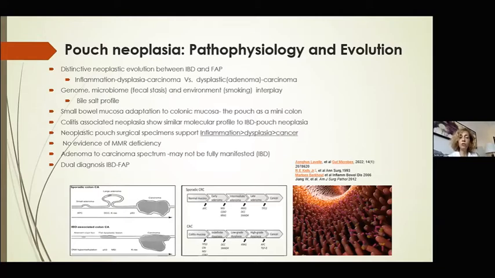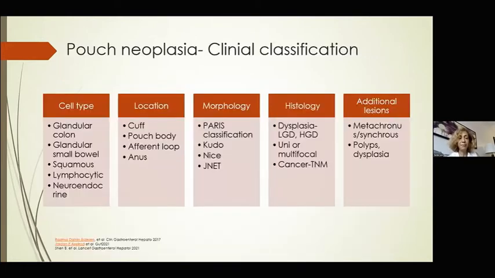Neoplastic pouch lesions do not show excess of mismatch repair deficiency. And as you just heard from Dr. Ko, the adenoma to carcinoma spectrum is not fully manifested, especially in IBD, but also in FAP, sometimes due to buried mucosal islands, as we know. The last point is kind of funny, but I thought to put it here. IBD is a common condition, and some of our FAP patients do develop IBD either before or after pouch surgery. I personally have 3 such patients. This is something to bear in mind.